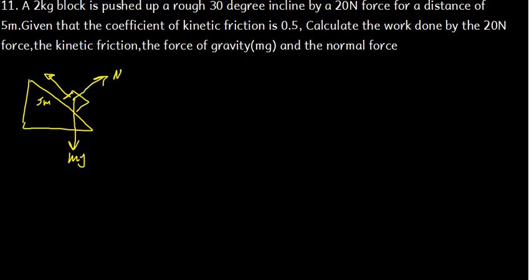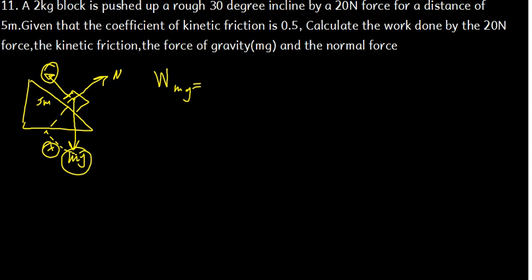If we extend the normal force like that, and then join the extension of the normal force to mg, this will be the x component of mg. So it is the x component, the one which is parallel to our displacement, which we use. So then the work done by mg is going to be equal to the x component of mg.